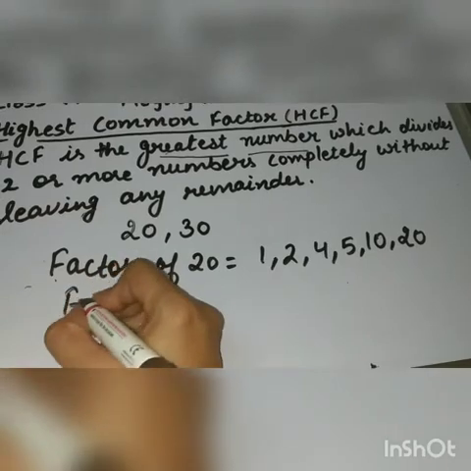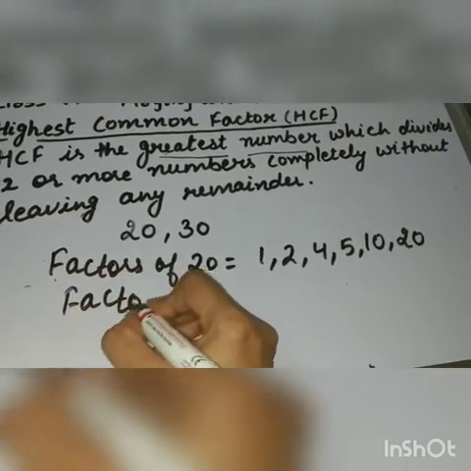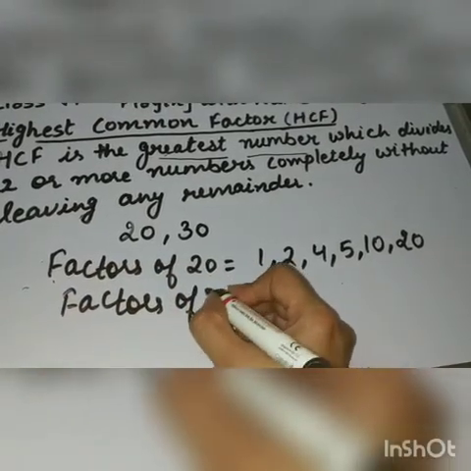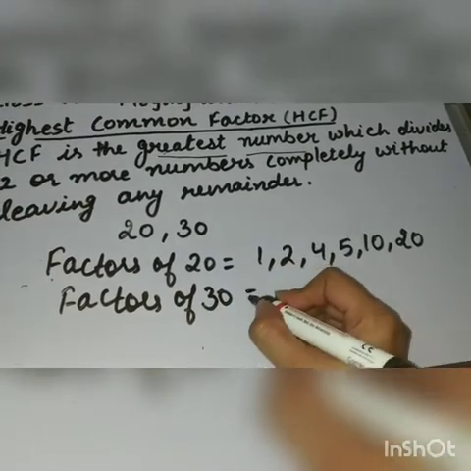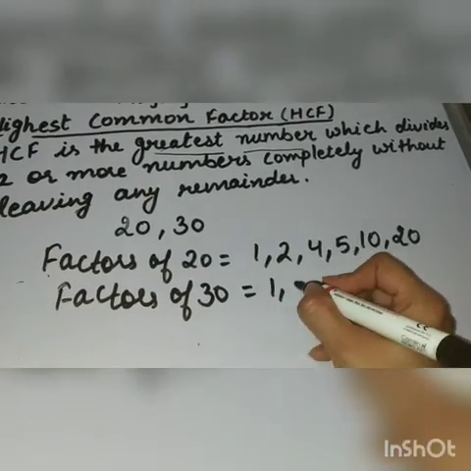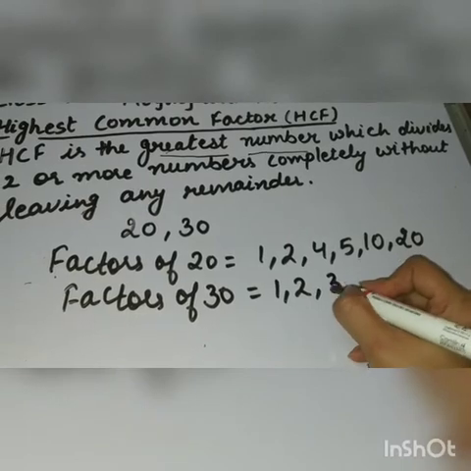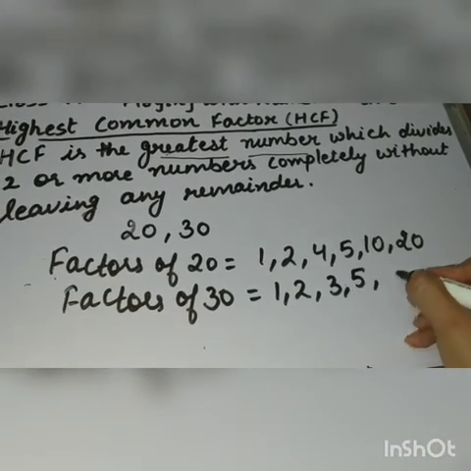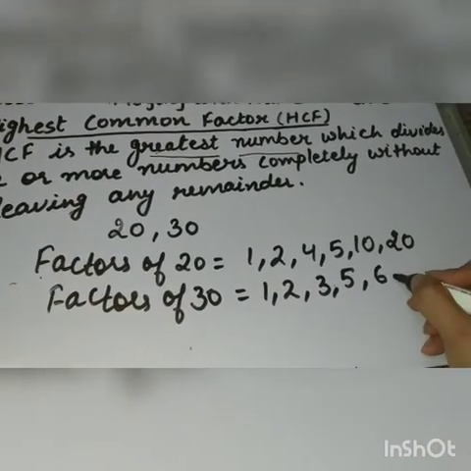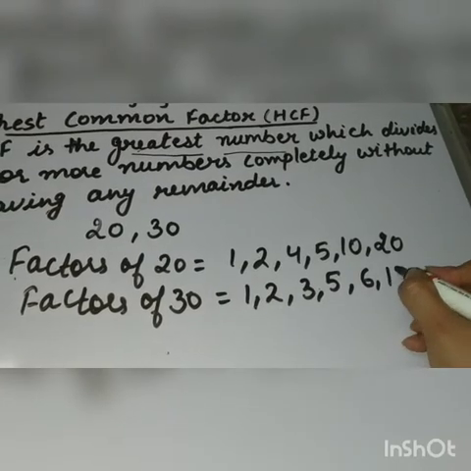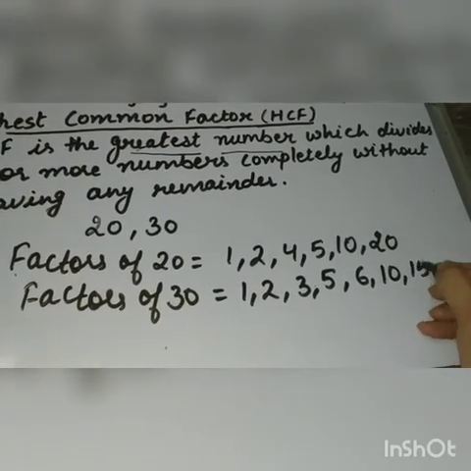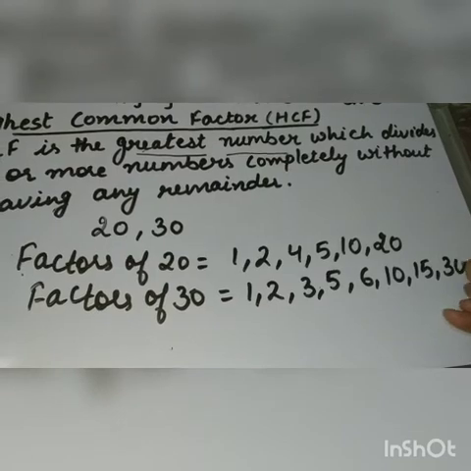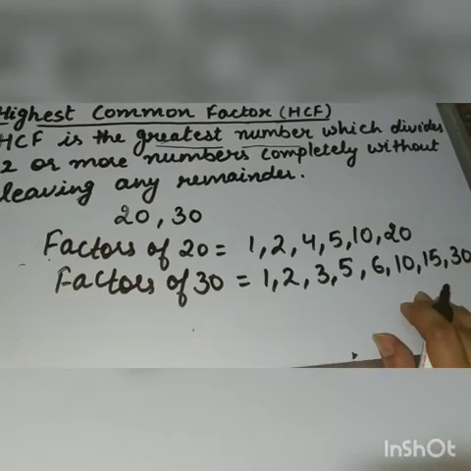Now we will find the factors of 30. And factors of 30 are 1, 2, 3, 5, 6, 10, 15 and 30. These are the factors of 30.